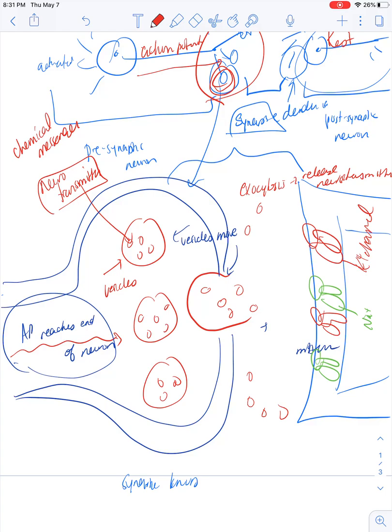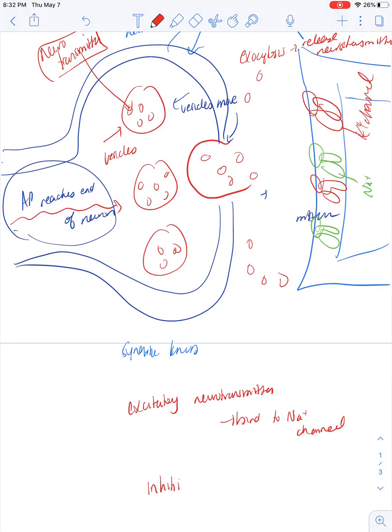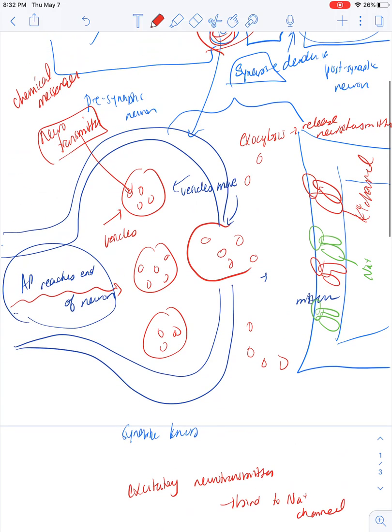What the neurotransmitter does is this: either you're an excitatory neurotransmitter, and if you are, you bind to the sodium channel. And if you are an inhibitory neurotransmitter, you bind to the potassium channel. That's what they do.